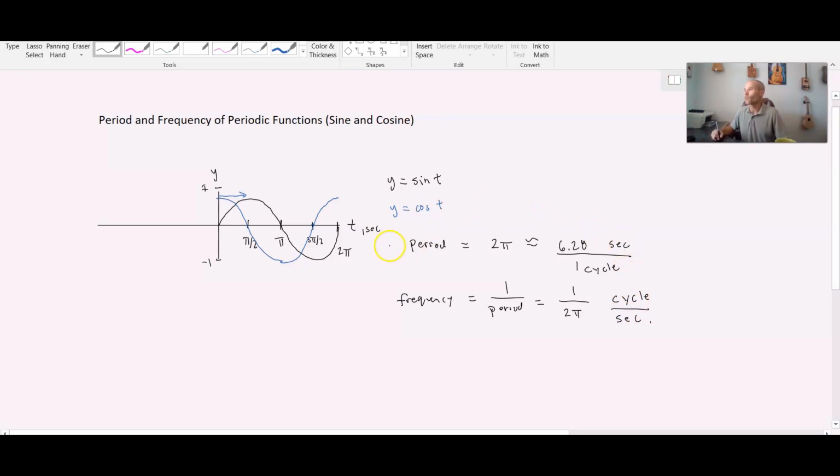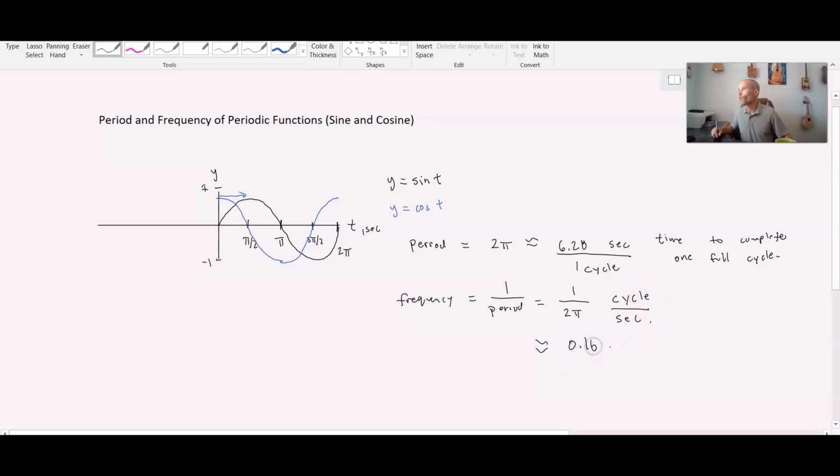So here we're asking with period, how long does it take to complete a full cycle? Time to complete one full cycle. Okay, and in this regard, 1 over 2 pi is approximately 1/6. 1 divided by 2 pi comes out to about 0.16.